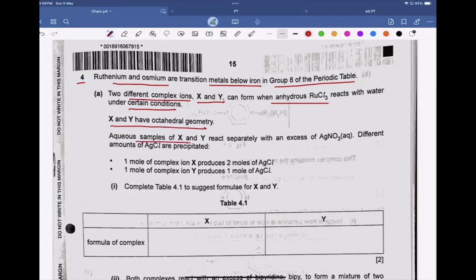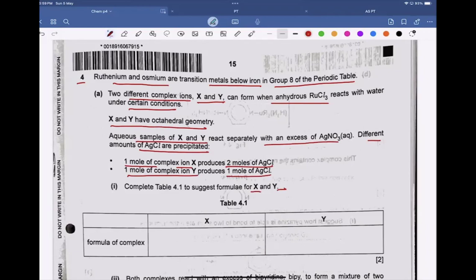Aqueous samples of X and Y react separately with an excess of silver nitrate. Different amounts of AgCl are precipitated, so it means that each one has a different amount of chloride in it. 1 mole of complex ion X produces 2 moles of silver chloride, and 1 mole of complex ion Y produces 1 mole of silver chloride. So we need the formula of X and Y.